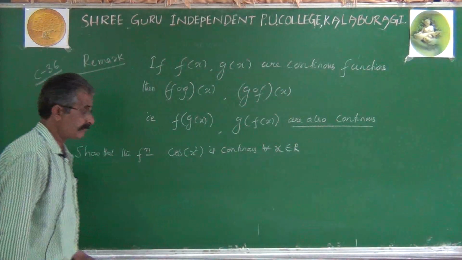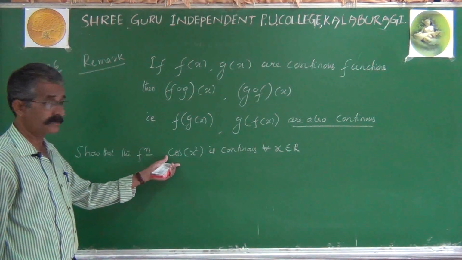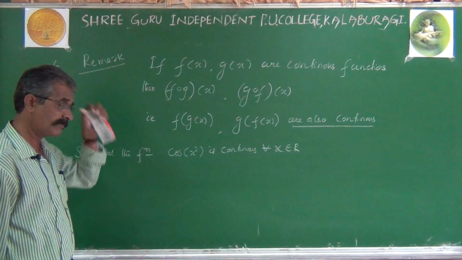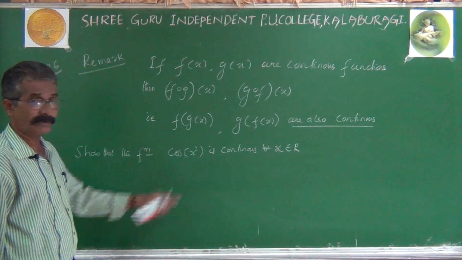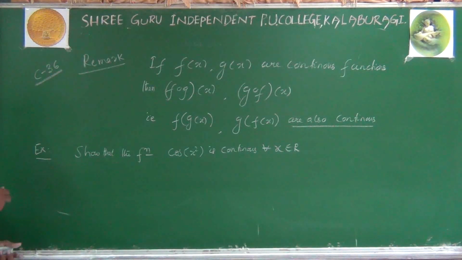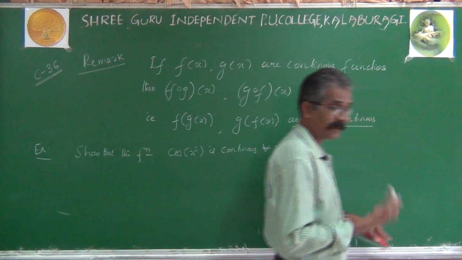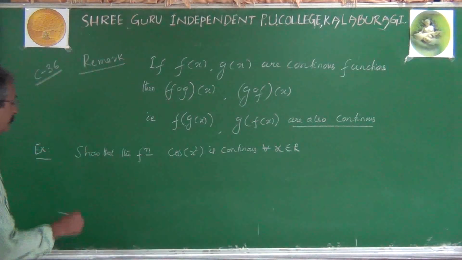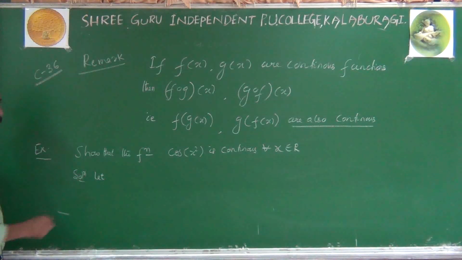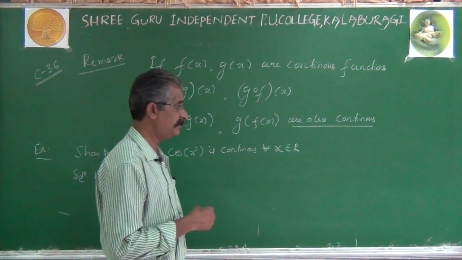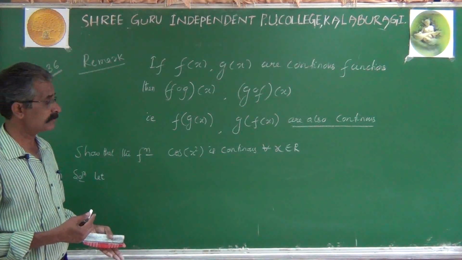You observe the function, it's a composite function because there is a mixture of a trigonometrical function as well as an algebraic function. So we shall treat one function f of x, another function g of x, and both of them are continuous. So their composition is also definitely continuous. So write the solution. You can take anything f of x, anything g of x. However, both f o g and g o f are continuous functions.